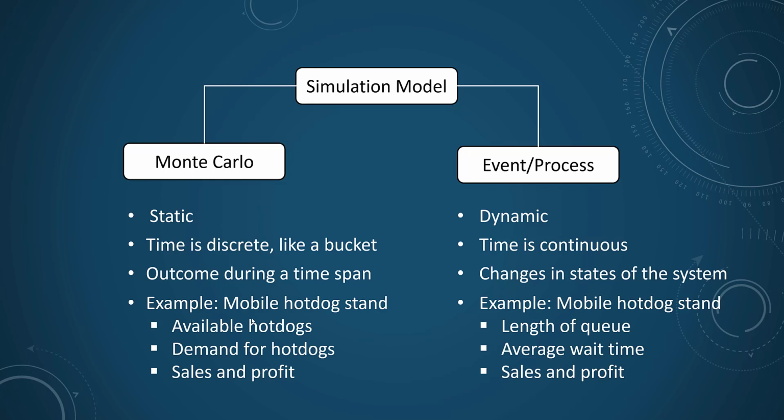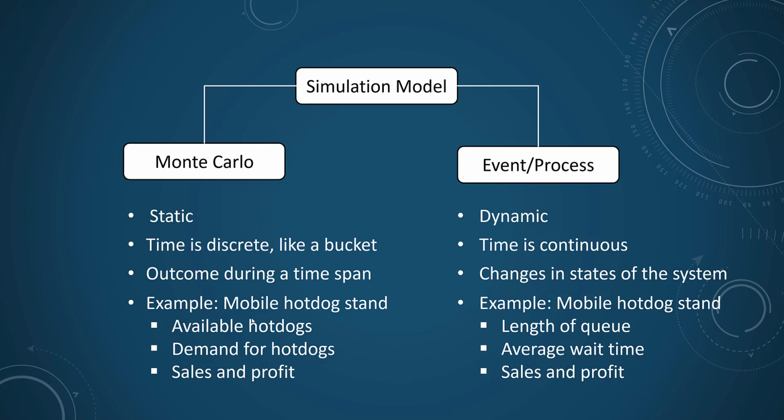When you start the day, which could be the lunchtime, say between 11 a.m. and 2 p.m., you want to make sure that your stand is fully stocked and you don't run out of hot dogs, or you don't stock so much that you end up not selling them, the expiry date passes, and you have to throw them away. Then you calculate the daily sales and how much profit you make, and then you replicate that.